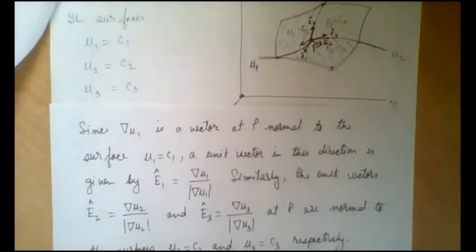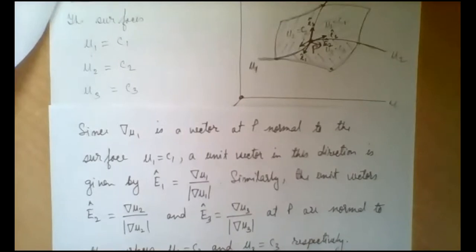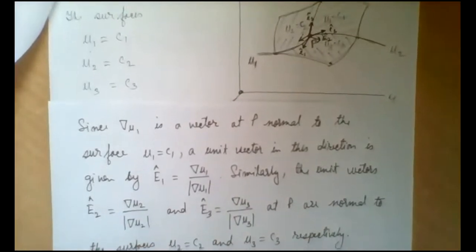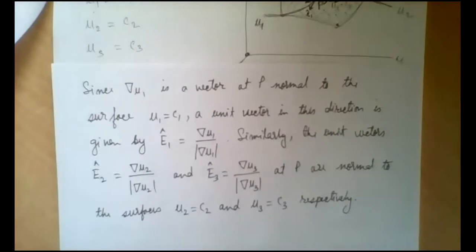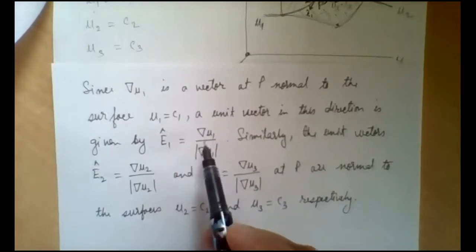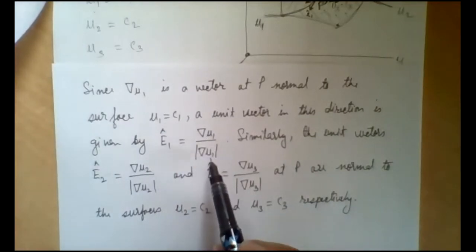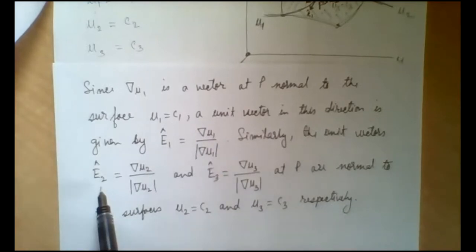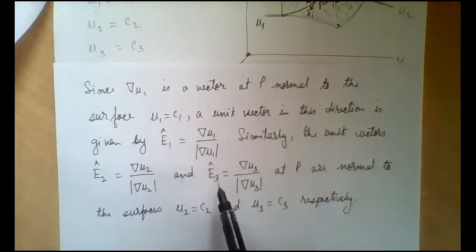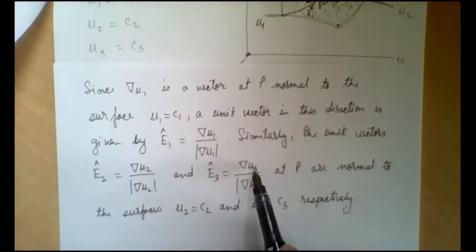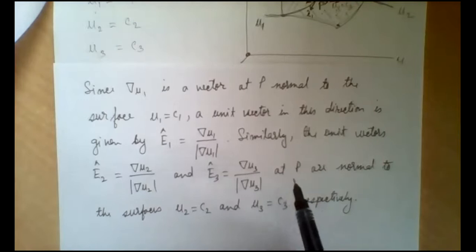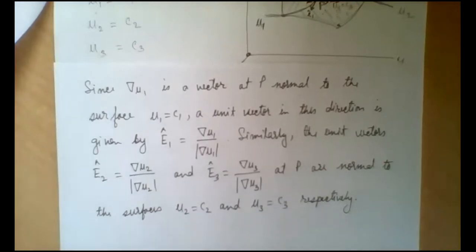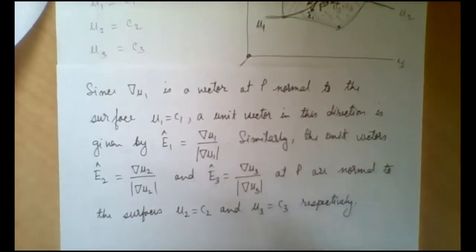So by drawing normals to the 3 surfaces at the point P, we can construct another set of unit vectors: E1, which is gradient of U1 divided by its magnitude, capital E2, which is gradient of U2 divided by its magnitude, and E3, which is gradient of U3 divided by its magnitude. And these 3 gradients are calculated at the point P.